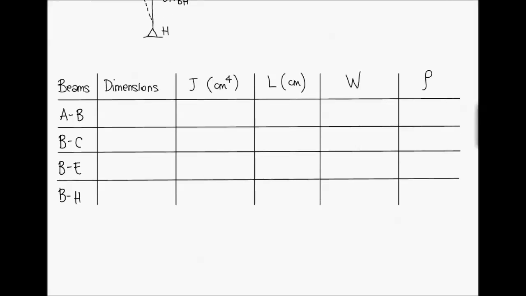The dimensions in centimeters are 30 by 65, 30 by 65, 30 by 35 for the upper column, and 30 by 40 for the lower column. The moments of inertia are these ones.